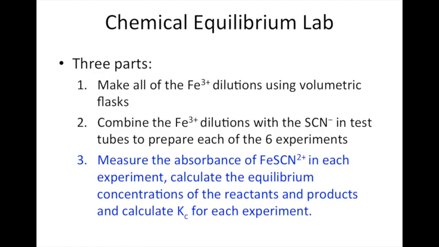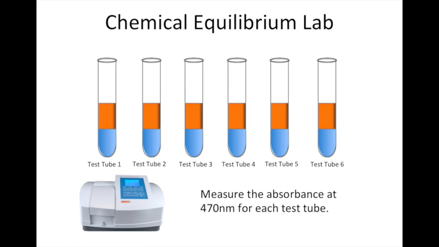So now let's look at how to calculate our equilibrium concentrations of reactants and products, and also calculate Kc for each experiment. So we have our 6 experiments, our 6 reaction mixtures, and we're going to take a little bit of each of these reactions and measure its absorbance using a spectrophotometer.